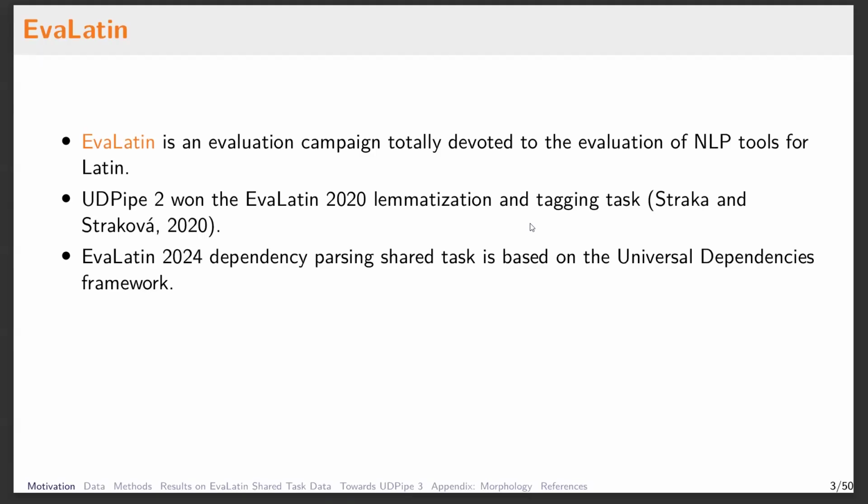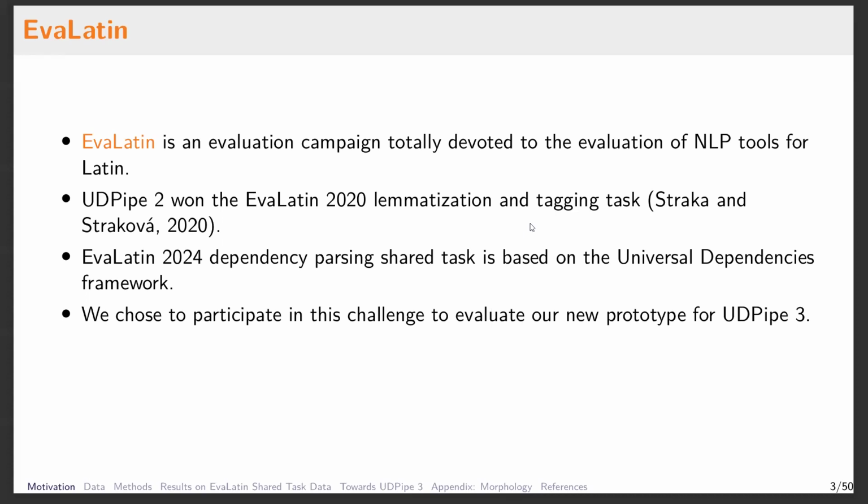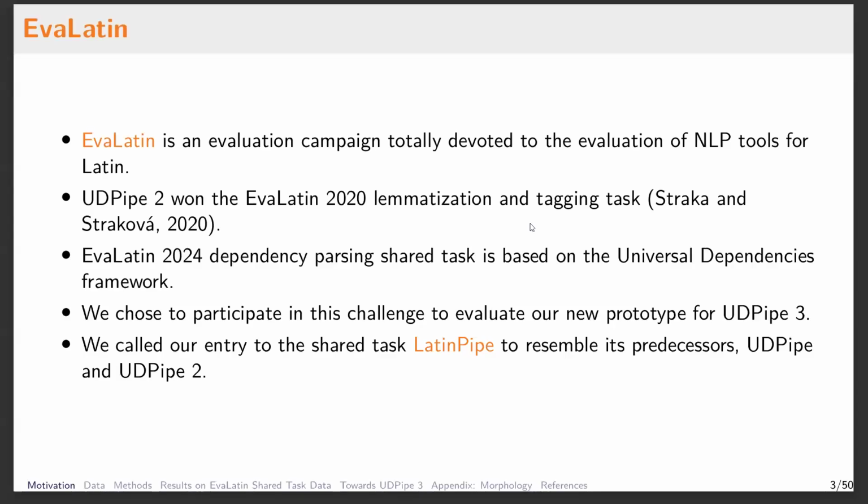This edition, 2024, focused on dependency parsing for Latin. And since it was based on Universal Dependencies, we thought this would be a good opportunity to implement and evaluate a new architecture for something that could later become UDPipe 3 if it goes well. We called this entry LatinPipe because we just like names with pipe in them.